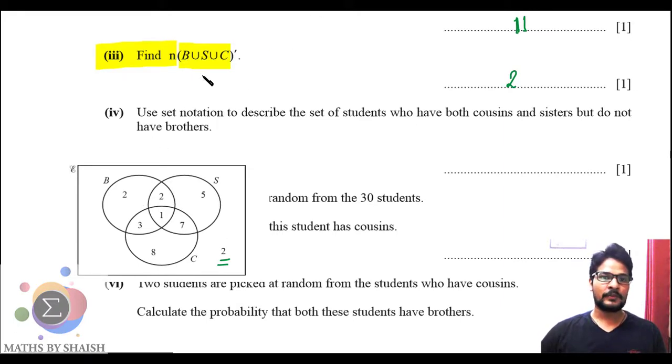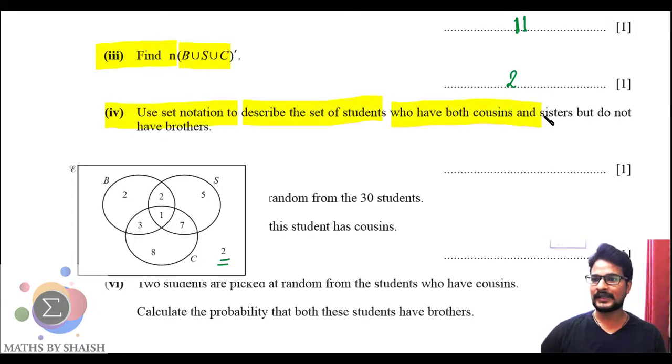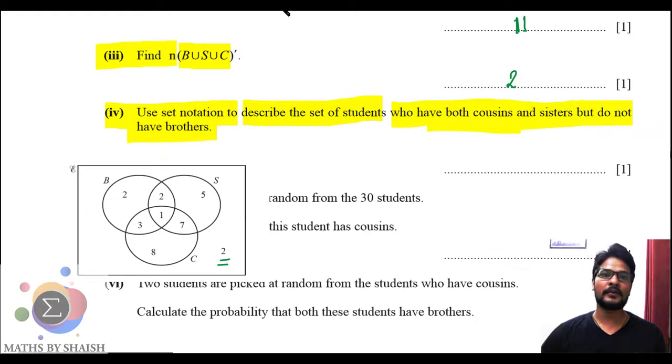And in the fourth part, use set notation to describe the set of students who have both cousins and sisters but do not have brothers. Again, we need to write the set notation for the set of students who have cousins and sisters both but do not have brothers.